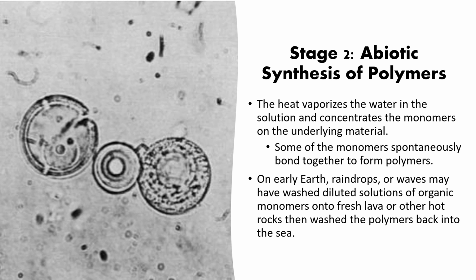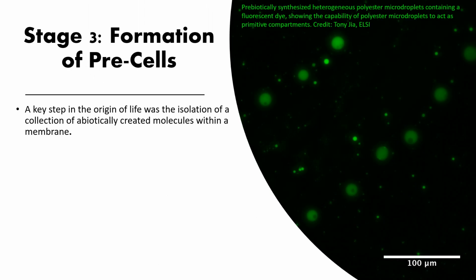The ocean on the planet is where life begins, so we have this constant connection between the sea and life. If this happens at a great amount, then you could have huge amounts of polymers floating around in the ocean, which will then lead us to our next step.